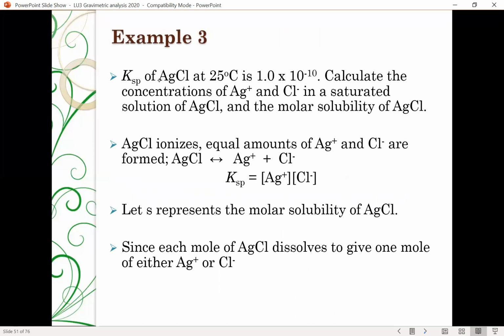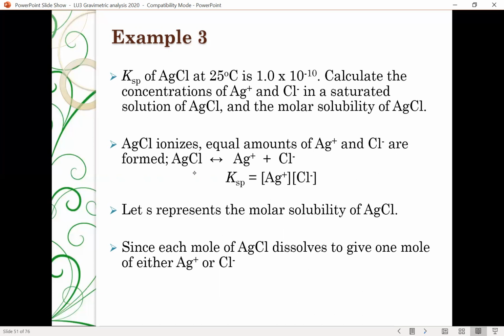Let's say you have here an example on KSP calculation. The KSP of AgCl at 25 degrees Celsius is 1 times 10 to the power of negative 10. So you know here what the KSP is. You want to calculate the concentration of Ag plus and Cl negative in a saturated solution of AgCl and the molar solubility of AgCl.